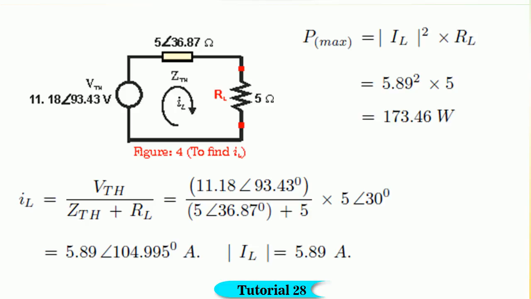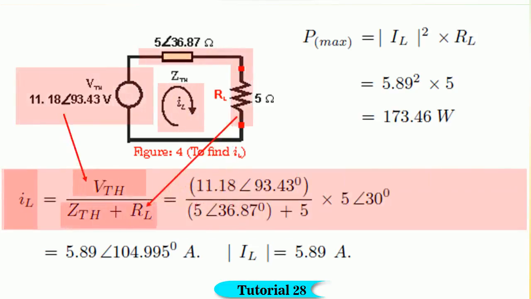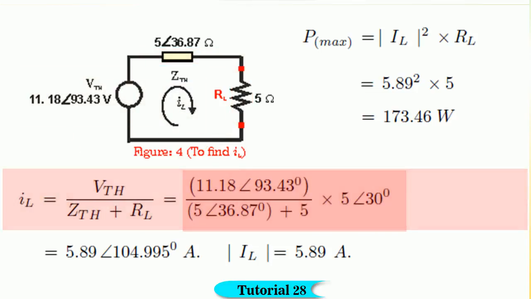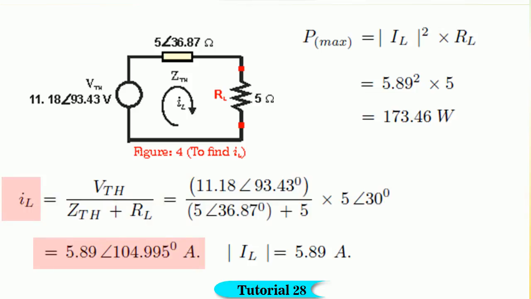From the figure, we find that IL is equal to V Thevenin divided by Z Thevenin plus RL. By substituting the values, we get IL is equal to 5.89 angle 104.995 amperes. So, mod of IL is equal to 5.89 amperes.